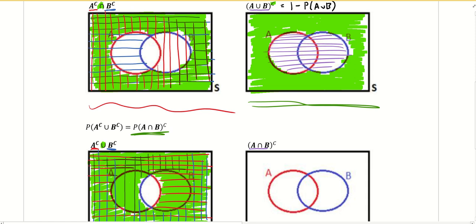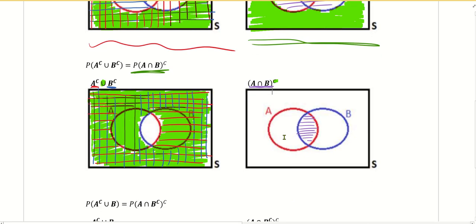So I'm once again going to start with the thing that's being complemented, the A intersect B. A intersect B is everything in A and in B. So that's just going to be this little piece here. Actually, let me be consistent with my shading here. Which means that when I apply the complement, that's going to be everything outside of that shaded region.